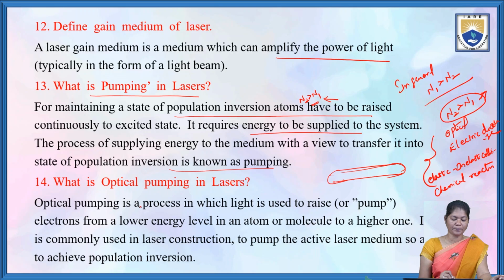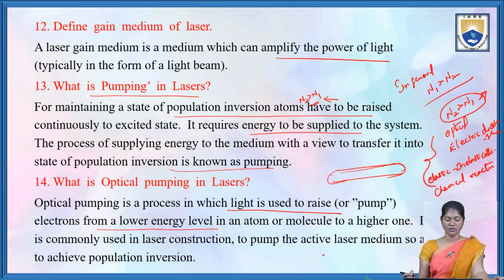What is optical pumping in lasers? Optical pumping is a process in which light is used to pump electrons from a lower energy level in an atom or molecule to a higher one. It is commonly used in laser construction to pump the active laser medium so as to achieve population inversion.